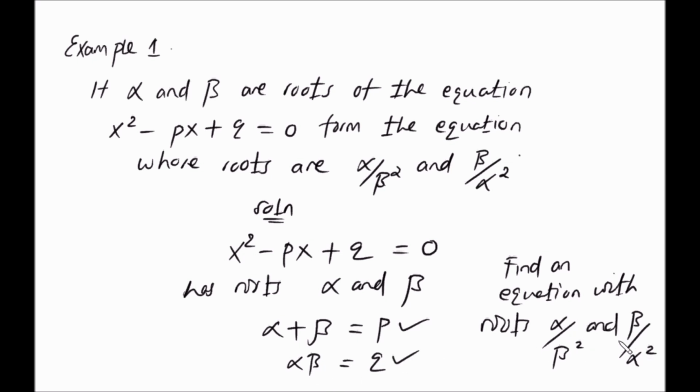Then we find the sum of roots and the product of roots. So the sum of roots will be alpha over beta squared plus beta over alpha squared.